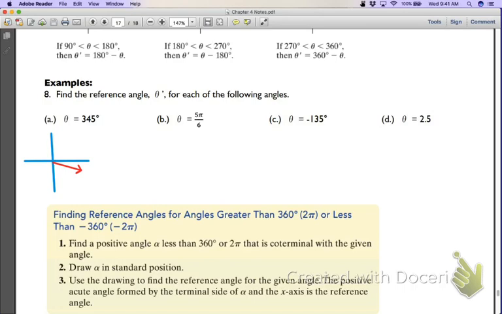Then we need to go up from there. We always go to the x-axis. So is that going to be 180 degrees or 360? What are we going to do to find the actual angle measurement right inside there? 360 minus 345.